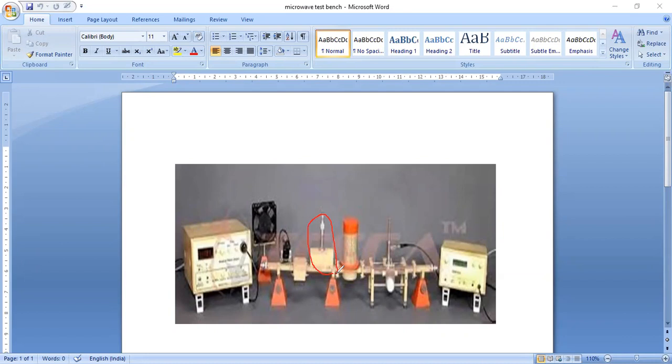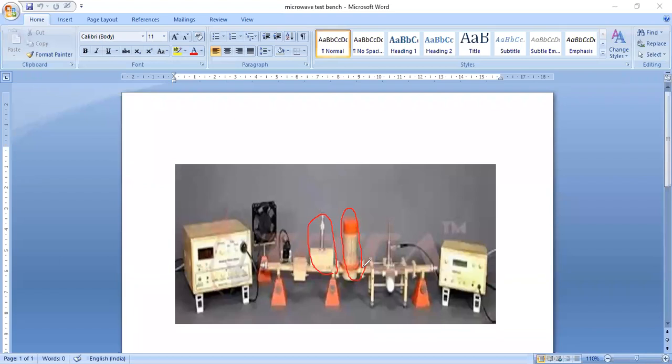This is one of the resistive vane attenuators. When you want high precision or high accuracy, we can use rotary vane attenuators also. And this is the frequency meter. It is used to measure the frequency of the microwave signal.